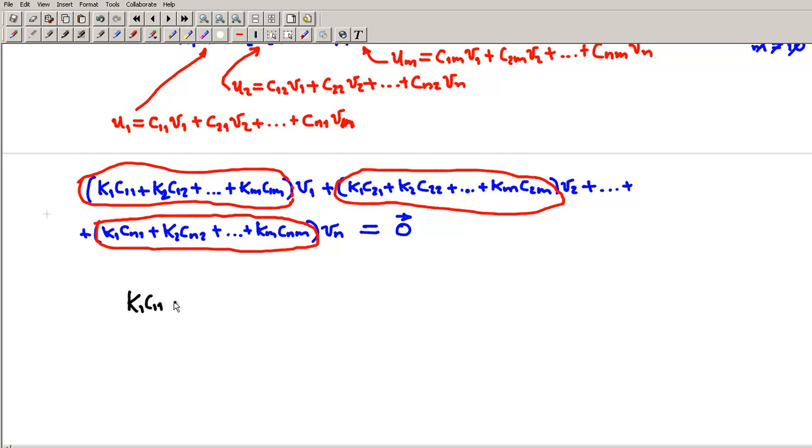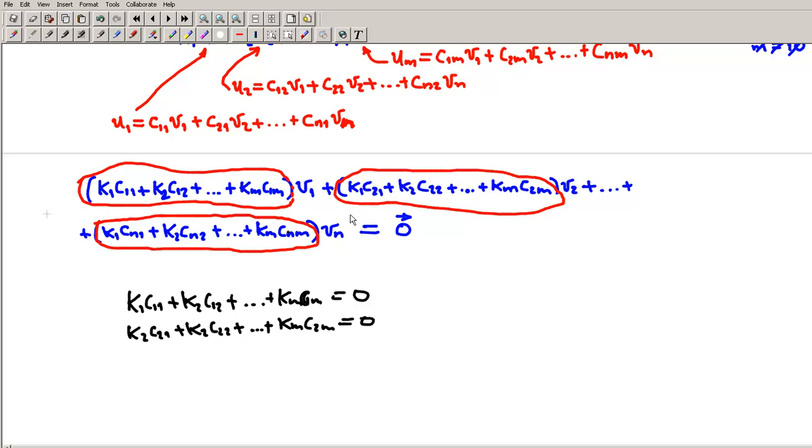So k1 c11 plus k2 c12 all the way to km c1m equals 0. Right, and then k1 c21 plus k2 c22, and then km c2m equals 0, until I reach the last coefficient, k1 cn1 plus k2 cn2, km cnm equals 0.